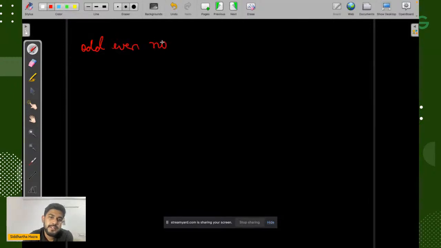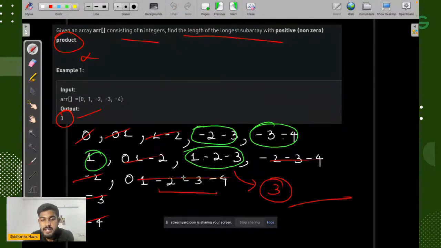Then the very next thing is that if the subarray contains 0, see 0 is here, 0 is here, 0 is here, wherever 0 is present, it is disrupting the answer, because 0 multiplied to anything is 0 itself. So it is basically disrupting the answer, to be honest.